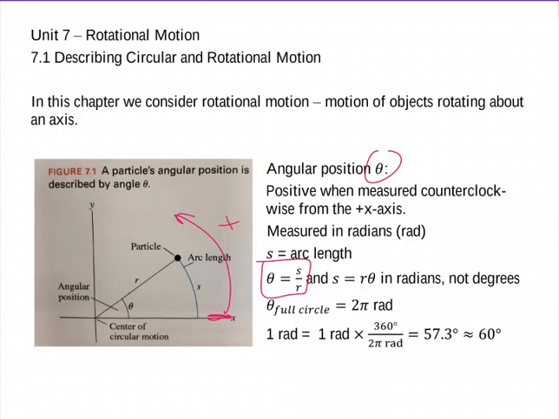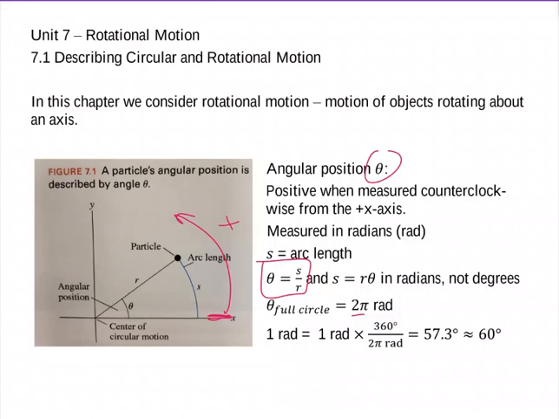One full circle in theta radians is 2 pi. So as we work our way around the circle, the arc length divided by the radius would wind up being 2 pi radians. And 1 radian, your conversion is here. 1 radian is converted to degrees by multiplying by 360 divided by 2 pi radians, since 2 pi radians is the full circle.